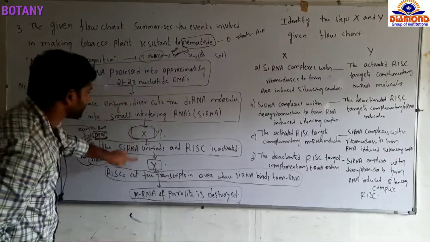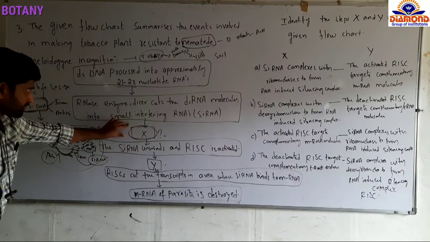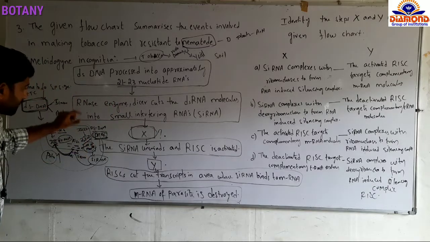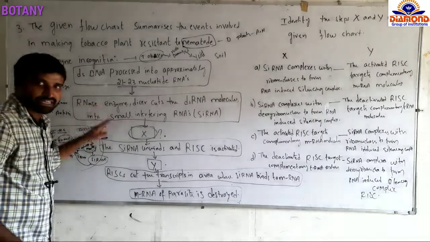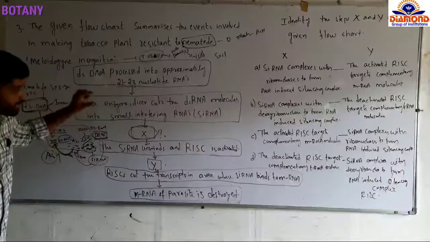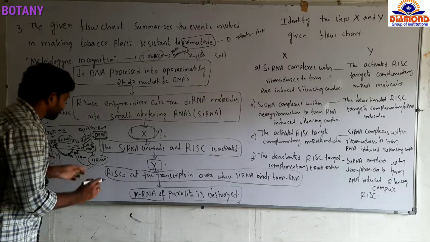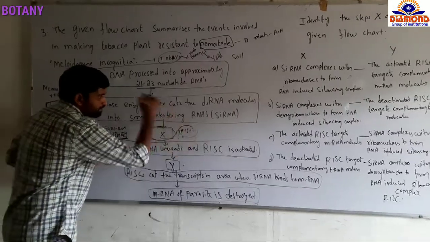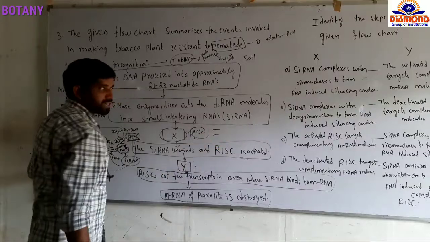In these two steps, what will happen? In stage X, after the formation of double-stranded RNA molecules and their cutting into small pieces by the dicer enzyme, these double-stranded RNA molecules undergo activation by the RISC enzyme. When the RISC enzyme is activated, the double-stranded RNA molecules are converted into single-stranded RNA molecules.